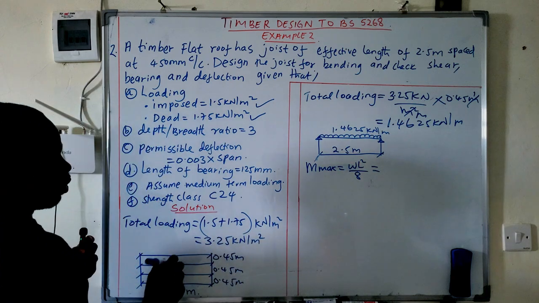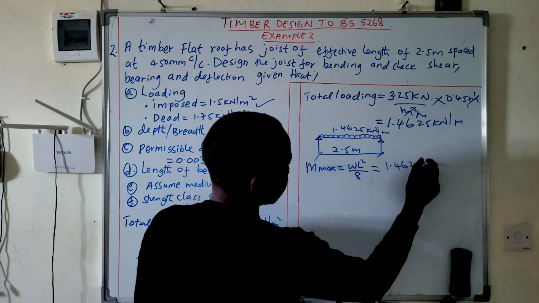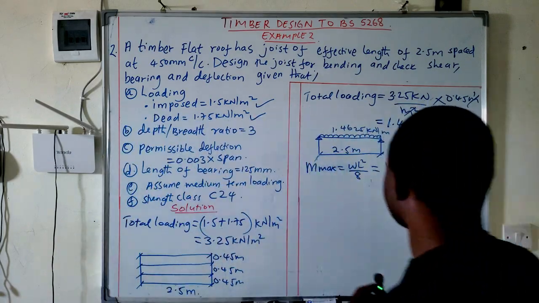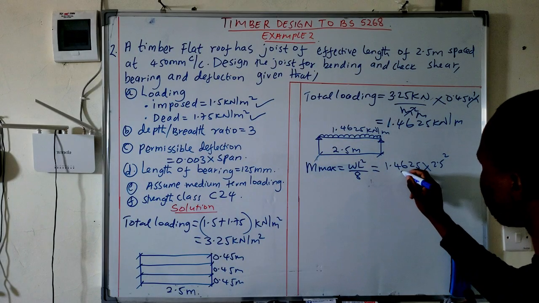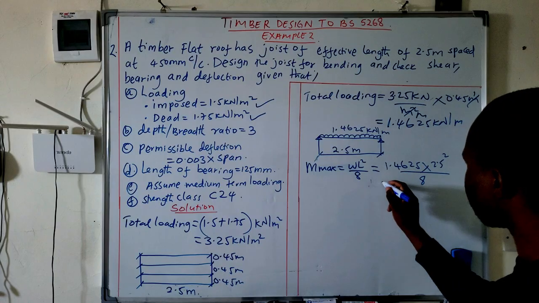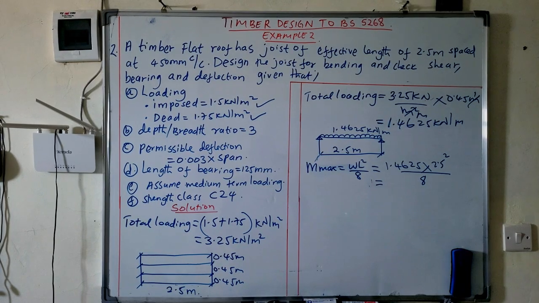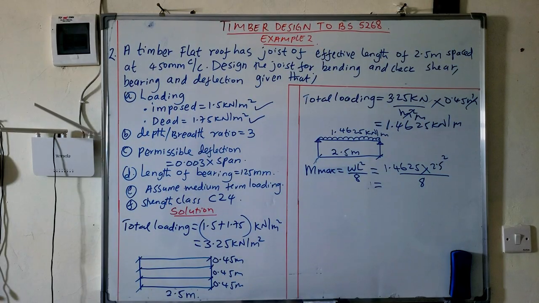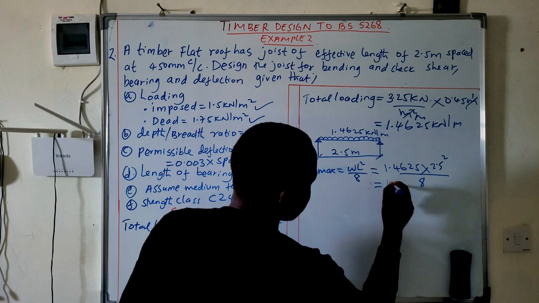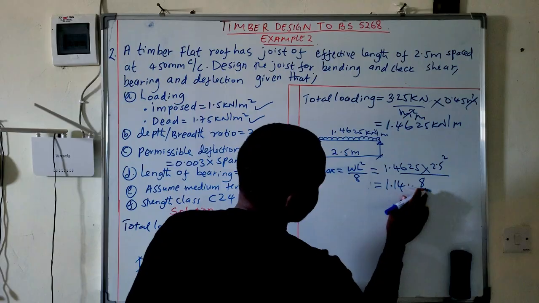So this one will be 1.4625 times 2.5 squared over 8. So the answer is 1.141 kilonewton meter.